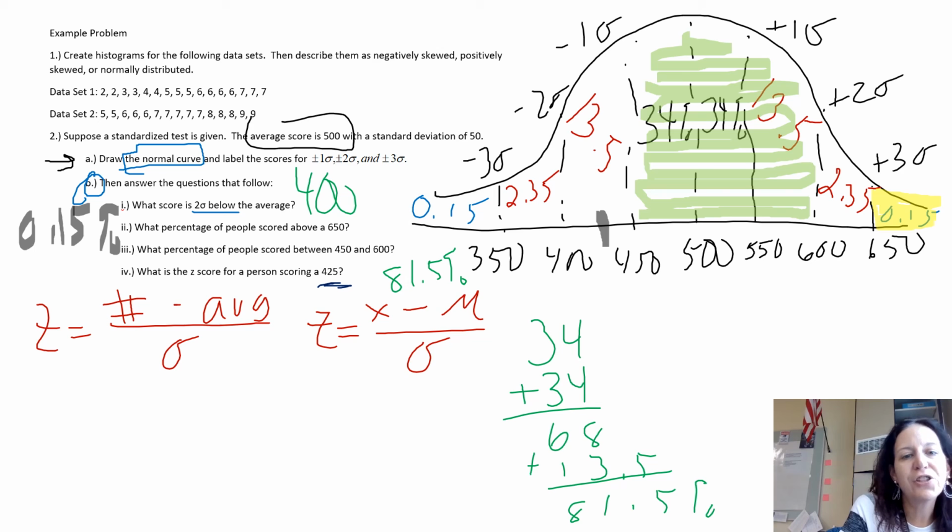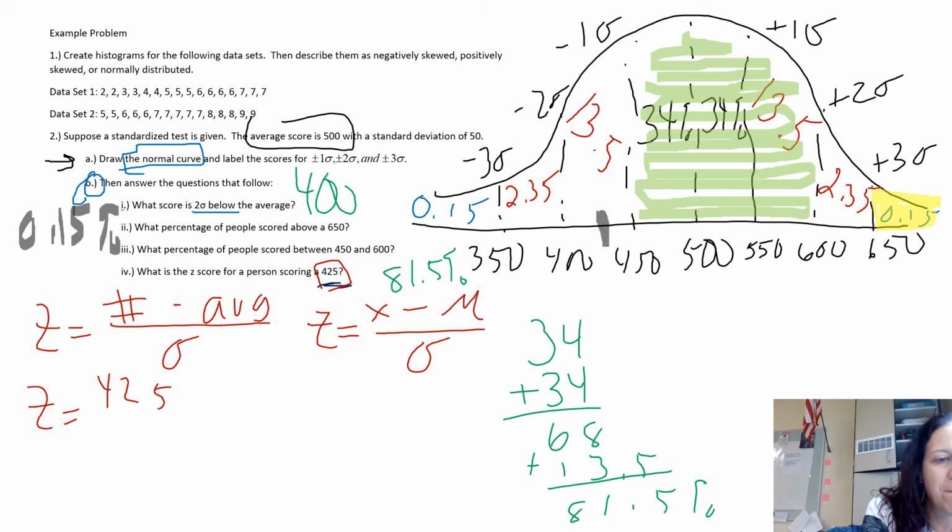Okay, and so you can calculate z-score using this formula. This version is probably just a little bit easier to get your head around, because that's a new symbol for you for average, and you'll be like, what is that? So we'll go ahead and use this. It's the number in question, which in this case is 425. So we're going to do 425 minus the average, which in this problem was 500.